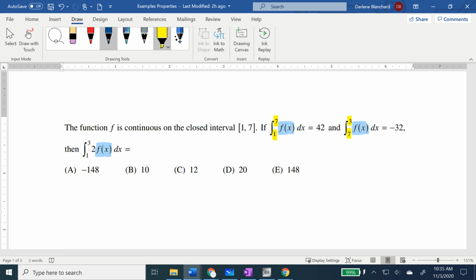What you might want to do is, if you notice that something is backward, rewrite it forward with the property that you can negate. And that then is going to, instead of being negative 32, it will be positive 32.